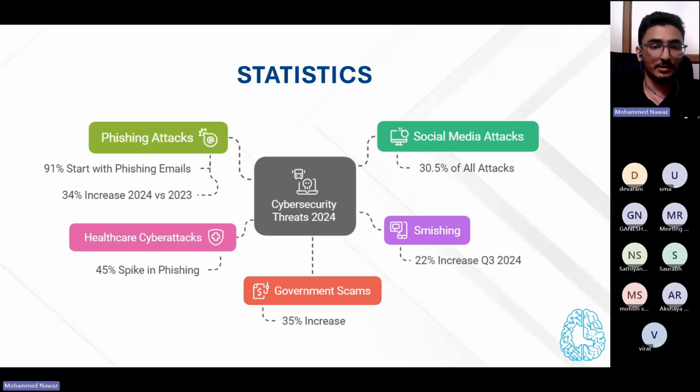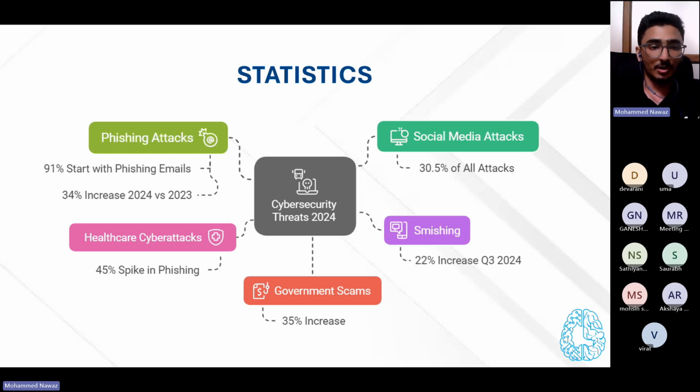In healthcare sectors, where the most precious data of a human, their healthcare details like blood type and diseases, are held, breaches have been hiked by 45% from 2023.